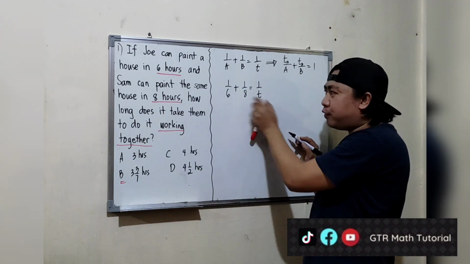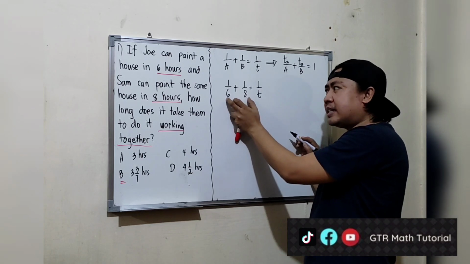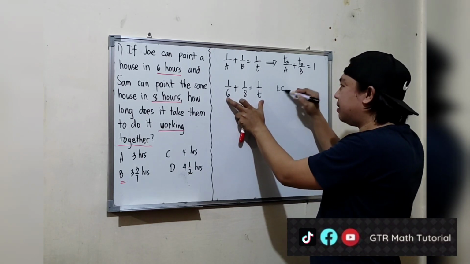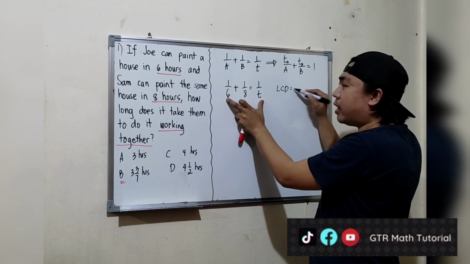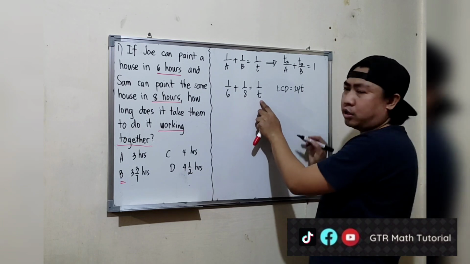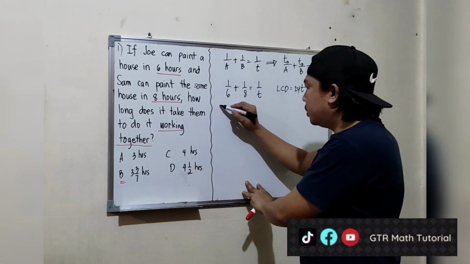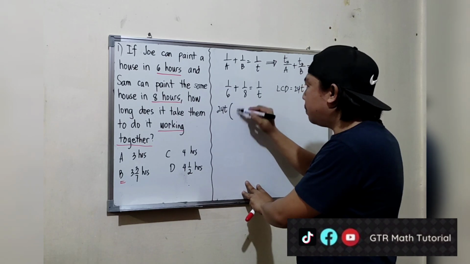Okay, so just solve for T. So, multiply by the LCD, 6, 8, and 4. So, ano ang LCD niyan? Ang LCD ay equal to 24. 24T. So, multiply lahat sa 24T para mawala ang denominator natin. So, multiply both sides by 24T.